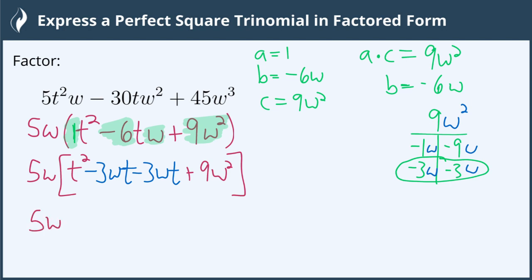So we carry down our 5w still. Never forget to bring that down. Always write it for every step. And then when I look at my first two terms, t squared and minus 3wt, I see I can pull a t out of both. And that leaves me with t minus 3w inside those parentheses.